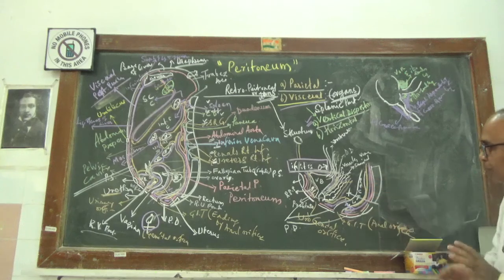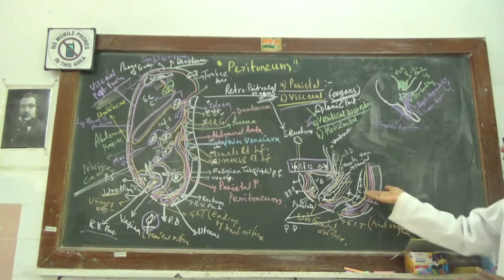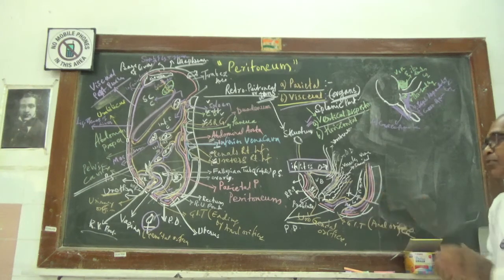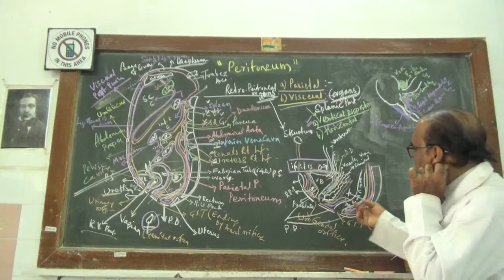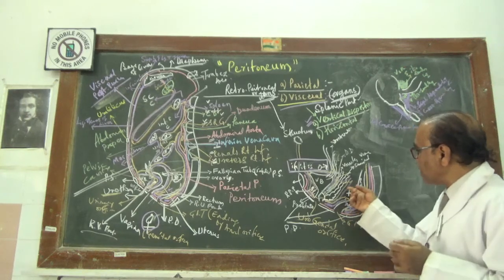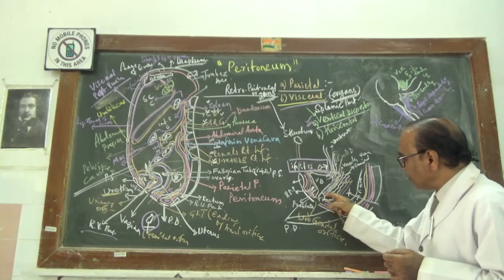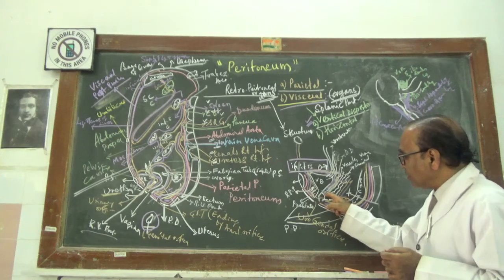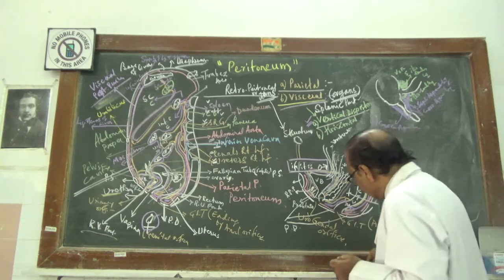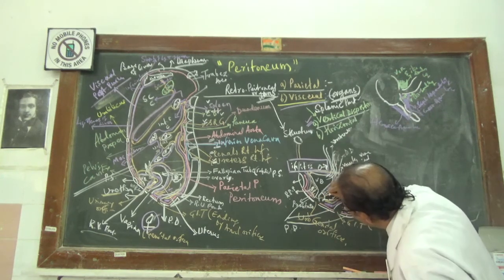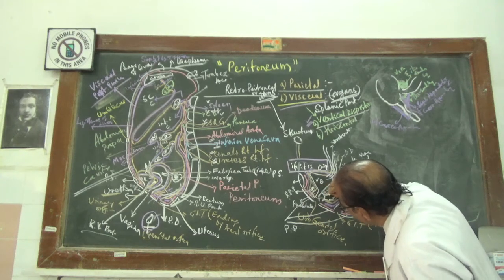Now in the case of the male, you will have vertical dispositions. In the male, you will have a fold from the seminal vesicle to the prostate, which runs after covering the seminal vesicle to the prostate.